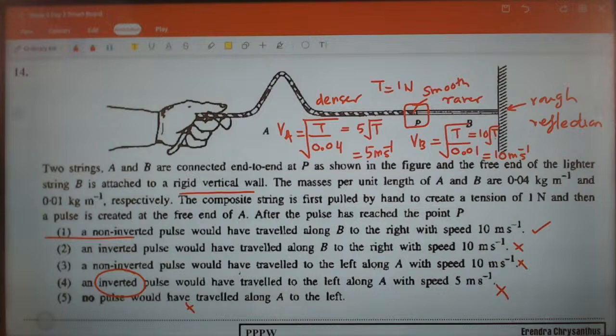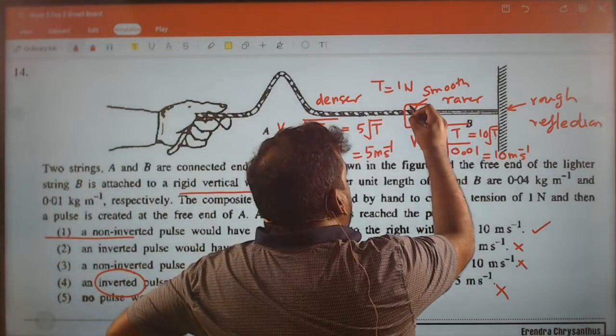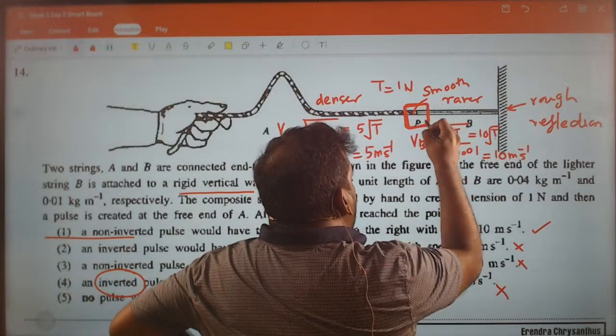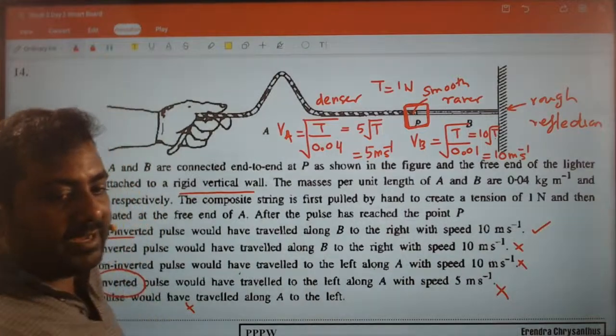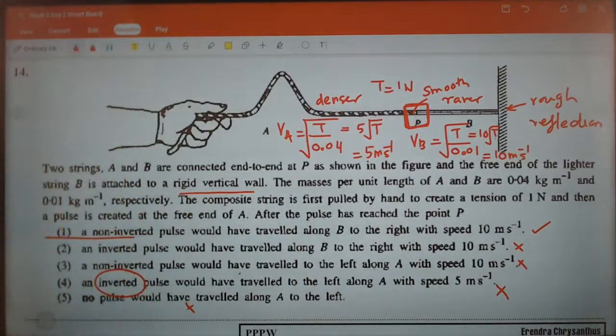Let's say here refraction will take place at point P. And since the diameters are the same, smooth reflection will take place.